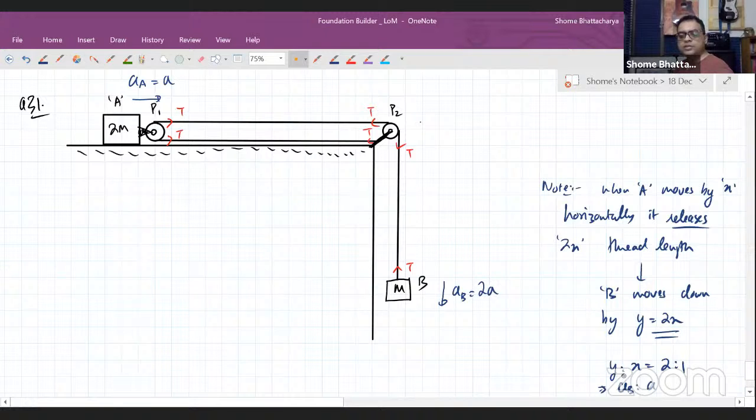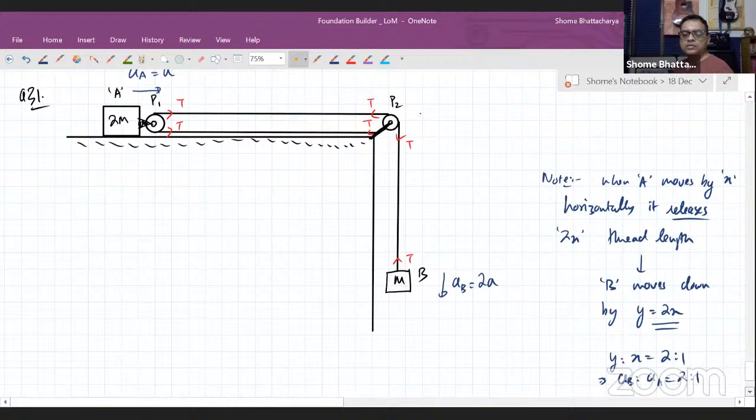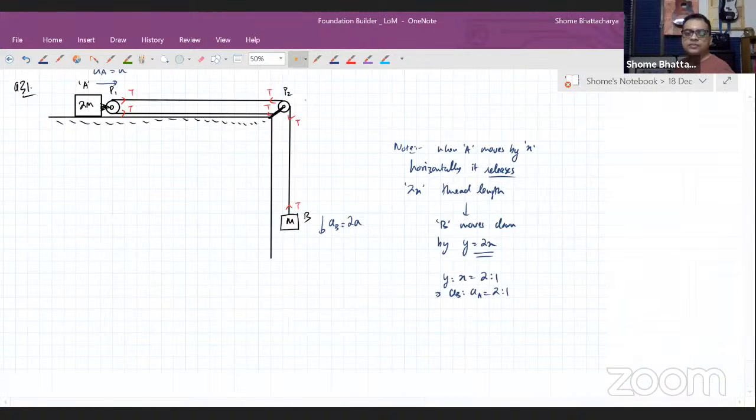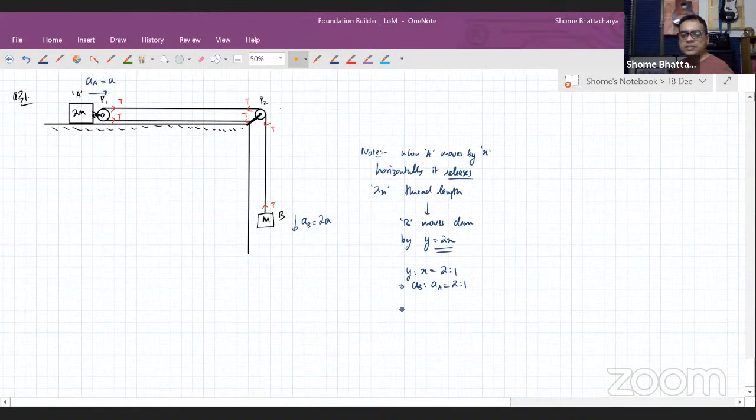So y is equal to 2x. So acceleration of B will also be double of acceleration of E. So this is the constraint relation I was telling you about. This needs to be taken into account when you are solving this. Now just make the free body diagrams and solve for these accelerations.